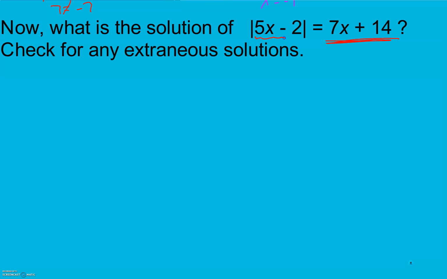So again here, we can take what's in our absolute value equal to 7x plus 14, or whatever's inside our absolute value could have been equal to the opposite, negative 7x minus 14. And again, we take the opposite of both pieces there, both terms. Now, solve for x.